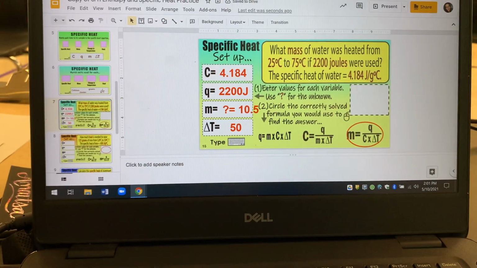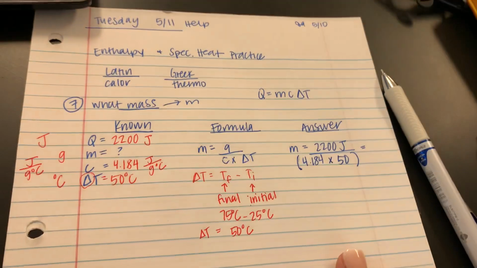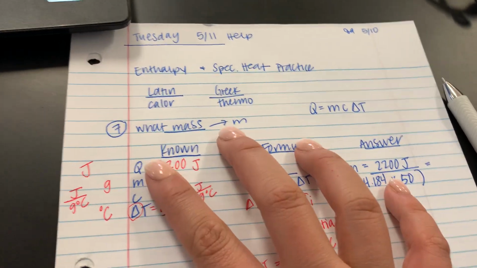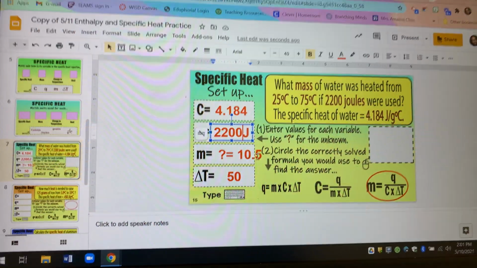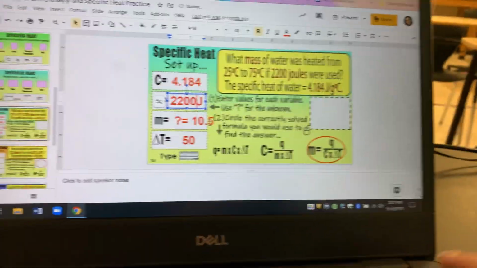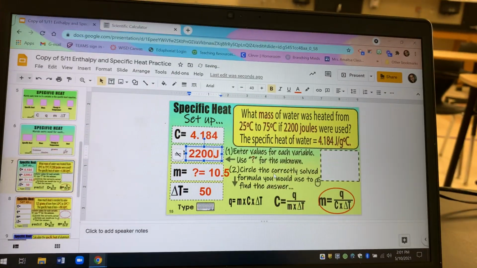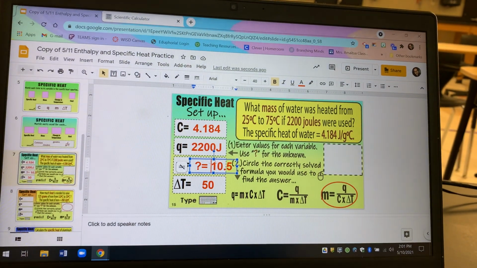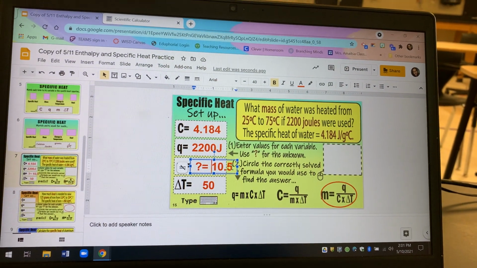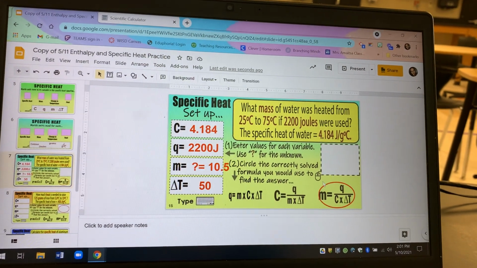Okay. But I want you to also have it on paper, so that way you know how to do this, because if you're just typing in here, guys, you're not learning, right? It's really hard to learn when you can't actually physically write it down. So what I want you to do for the answer is just put equals next to the question mark and put your answer here. Sound good, y'all?